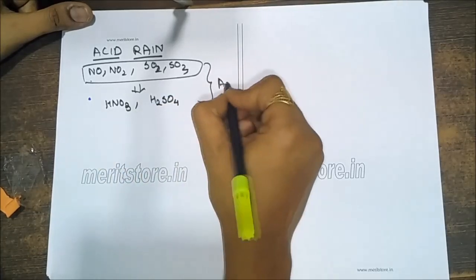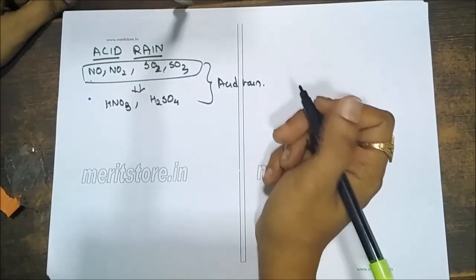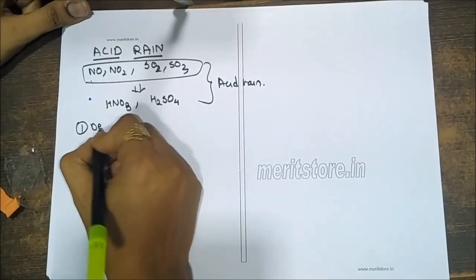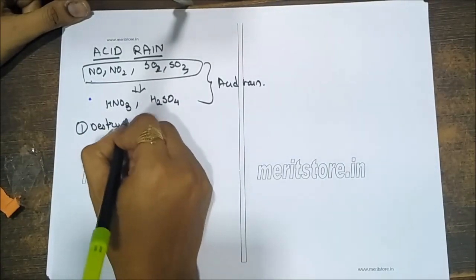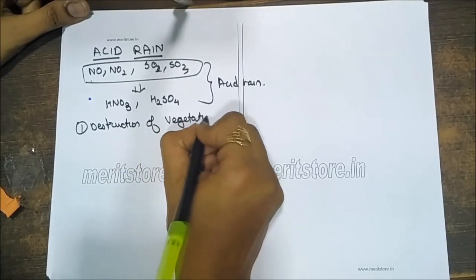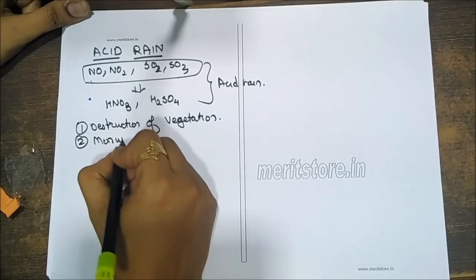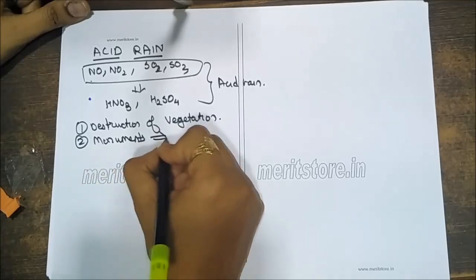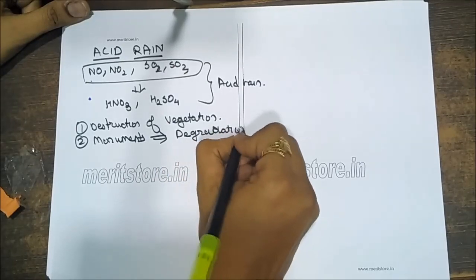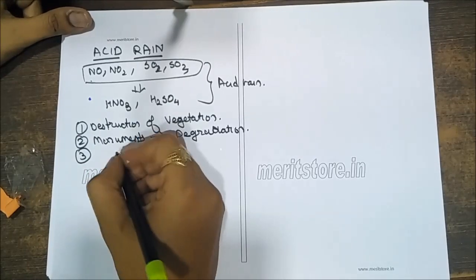This is called the formation of acid rain. It influences every living organism in the atmosphere. So it would cause destruction of vegetation, then degradation of monuments. So monuments would undergo degradation or corrosion. And it would also affect marine life.